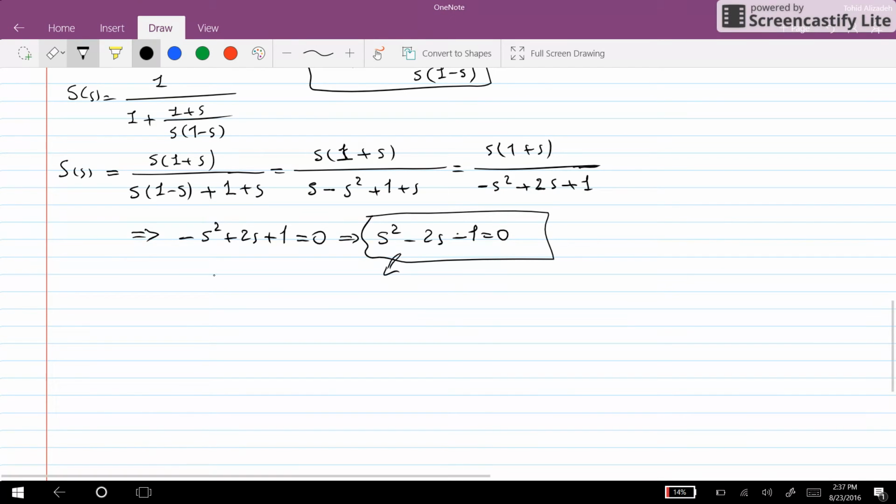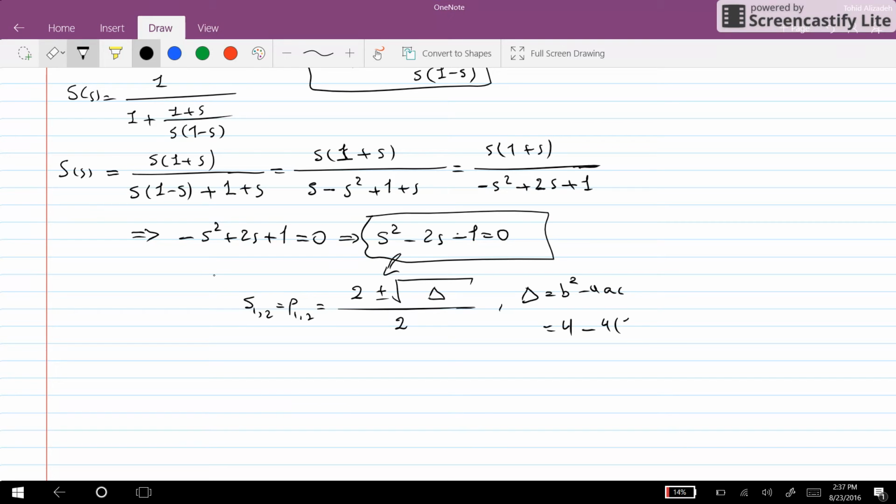So from here, S1 and 2, or P1 and 2, will be given as minus B, which is 2, plus minus square root of delta over 2A. And delta is B squared minus 4AC, where B is equal to minus 2, so B squared will be equal to 4, minus 4 times A, which is 1, and C, which is minus 1.